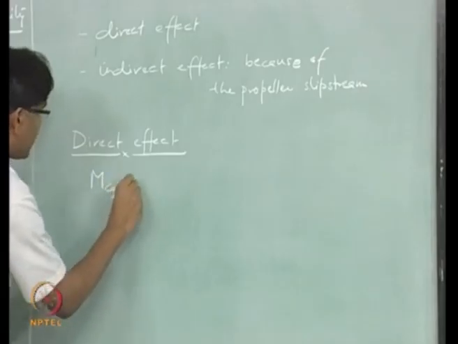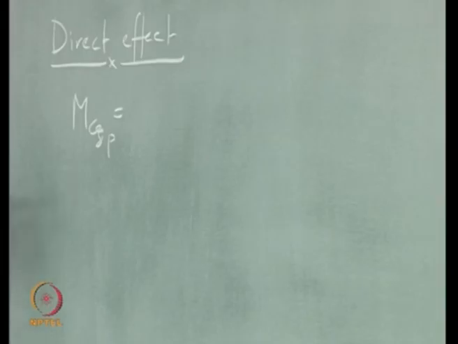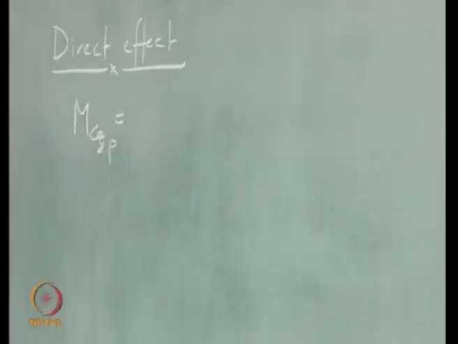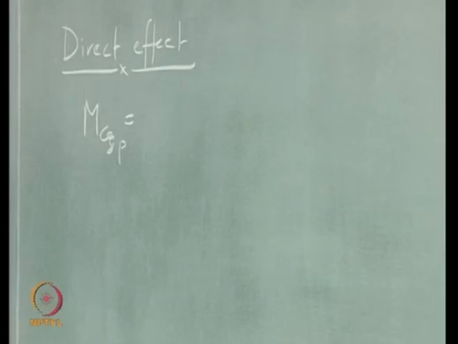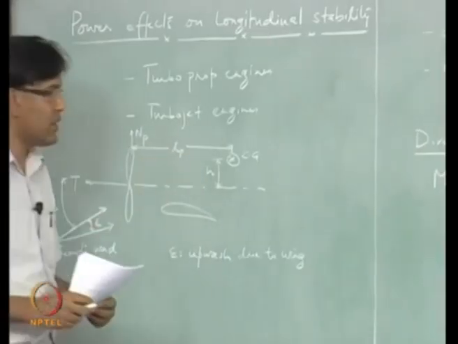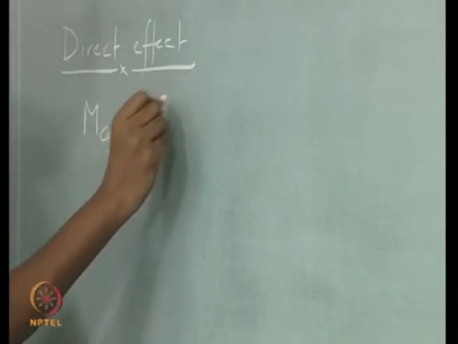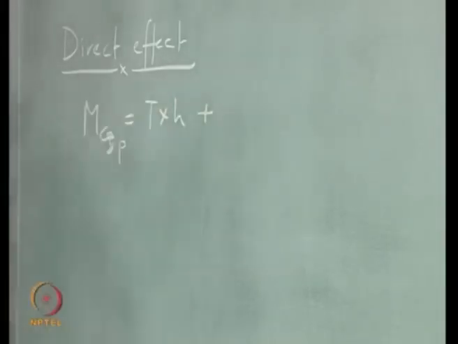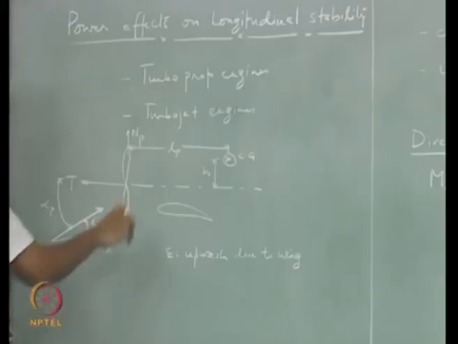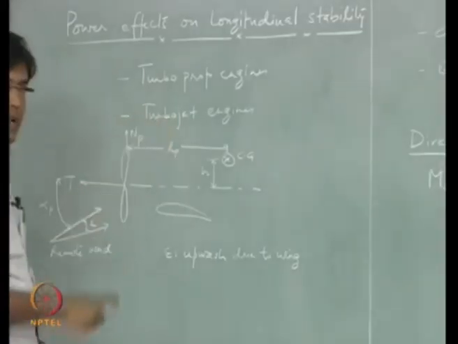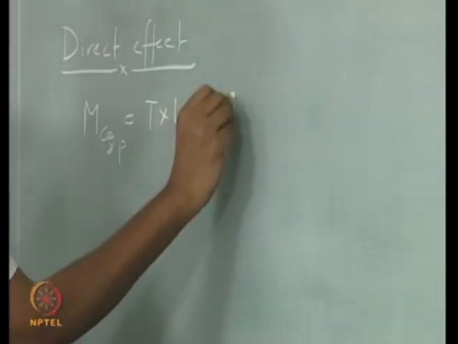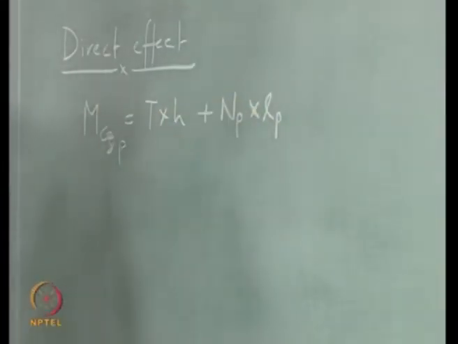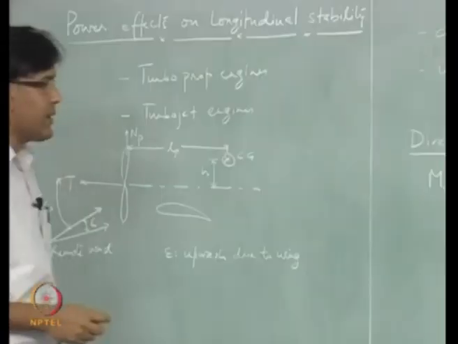So m_CG, right, the pitching moment about CG due to the running propeller is T into h, right, which is positive, plus this Np into Lp, right.